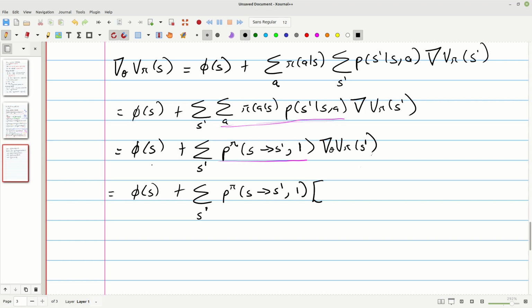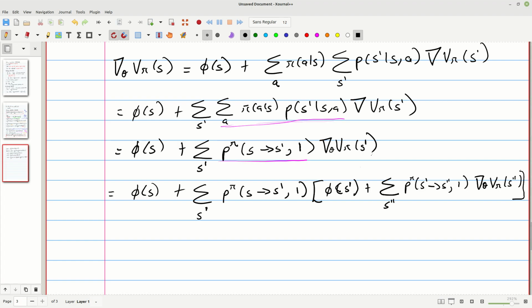So like I said, the derivative is this term, so we just rewrite this term in here. But since our input is s prime, it's phi of s prime plus the summation over s double prime of p pi, transitioning from s prime to s double prime in exactly one step, times the derivative under theta of v pi s double prime. So we have all of that.